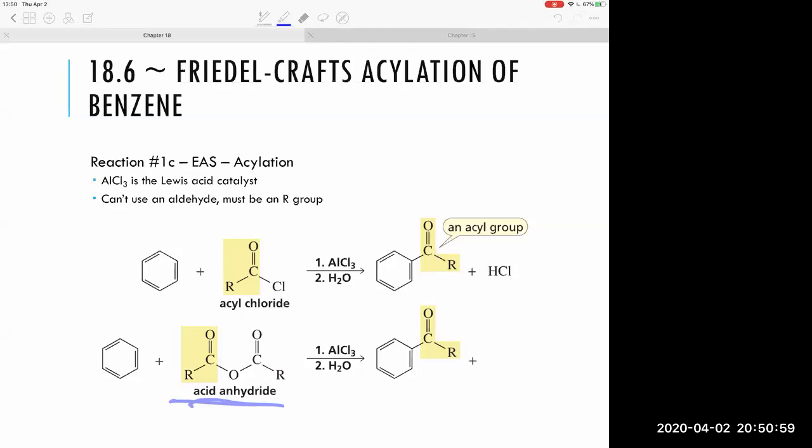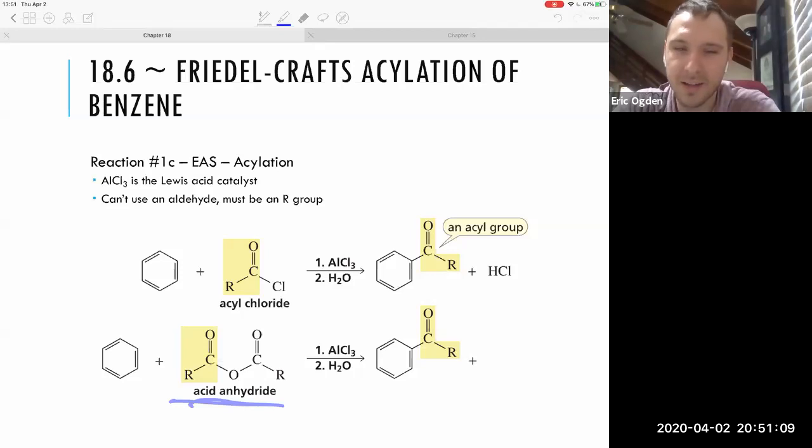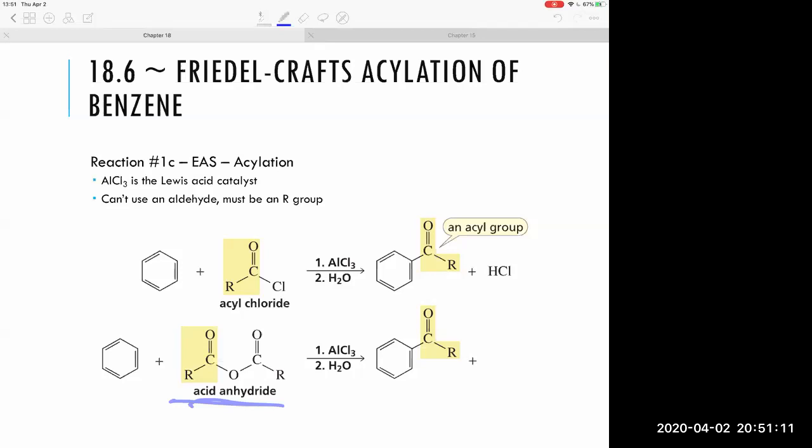The only difference is that the other product is going to be, anybody remember what the leaving group is on an acid anhydride? Is it a carboxylate? Yeah, right. So it's this bond right here that's going to be broken. And so you end up forming a carboxylate or a carboxylic acid.